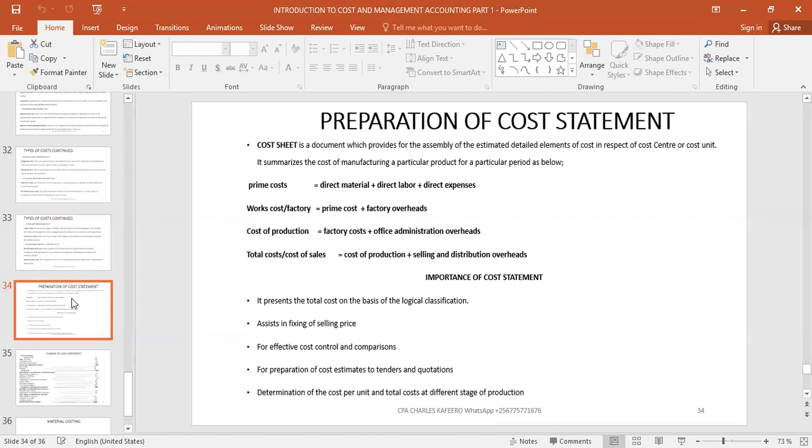If, let's say, you are doing a job cost statement, you will be able to determine the worth of the job you are doing, having known the costs which are going to be incurred in the production of the goods depending on the customer's specification. So you will be able to put the rightful amount on the different quotations of the client.